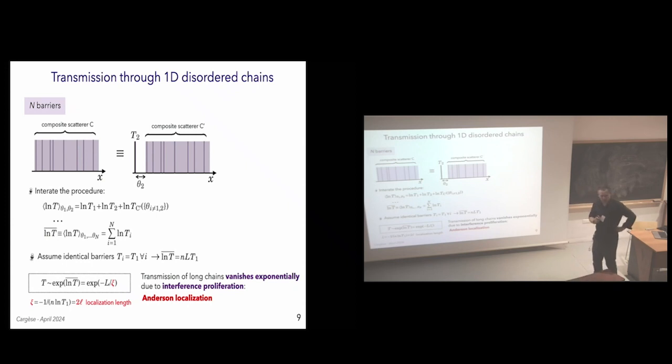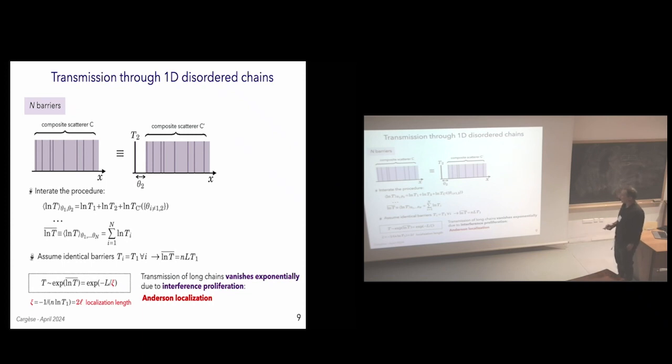The second remark is that this object is usually called the typical conductance in the literature. The transmission has a certain distribution, and this object, the exponential of the average of log T, is actually the most probable value of the transmission from this distribution. So this is the relevant object if you do a measurement in a system, and if you average very little, you will find this exponential decay.